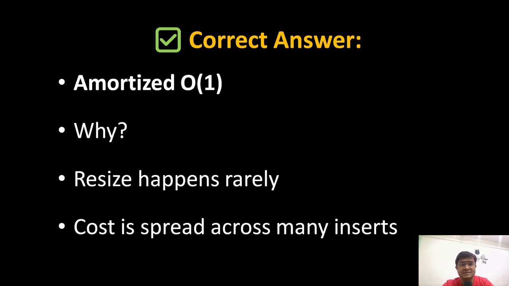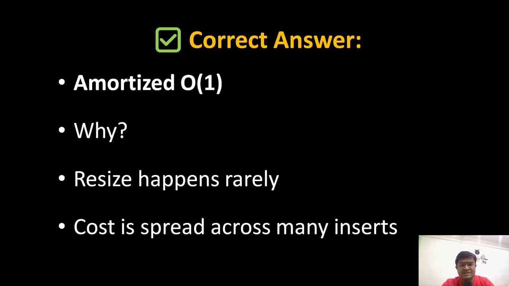So the correct answer is that the amortized complexity is O(1). Why? That's a big question, right? Resize happens rarely, and the cost is spread across many inserts. So your ArrayList is resizing rarely, but the cost is spread across many inserts.